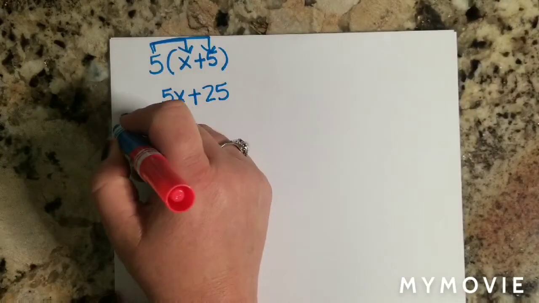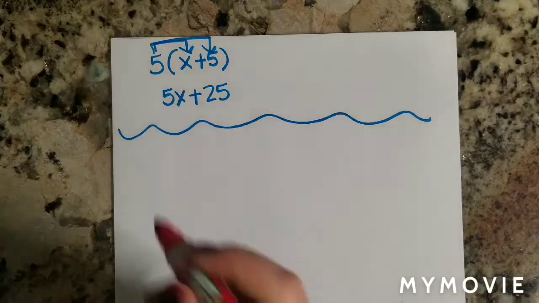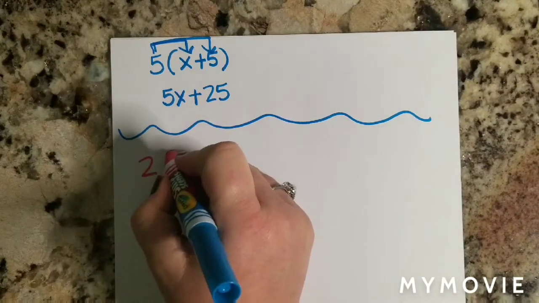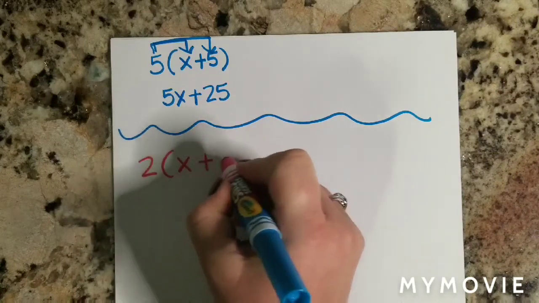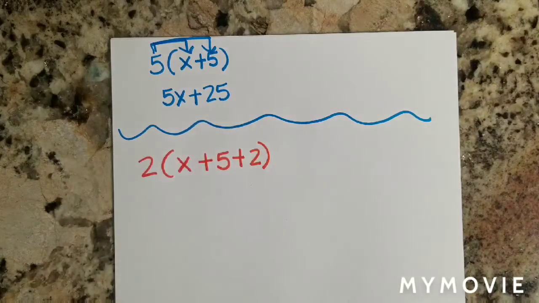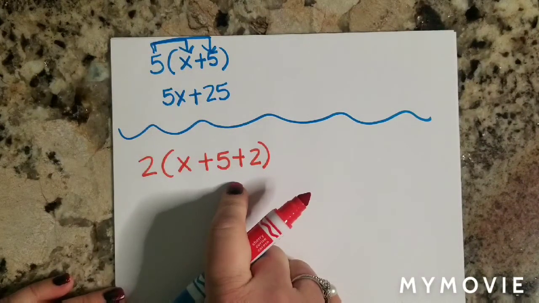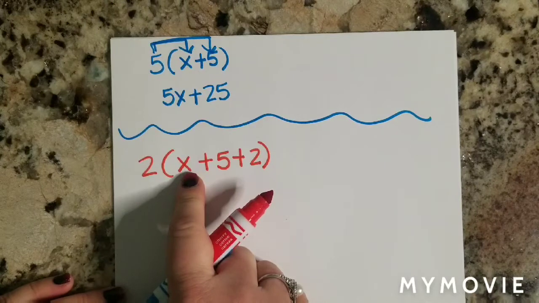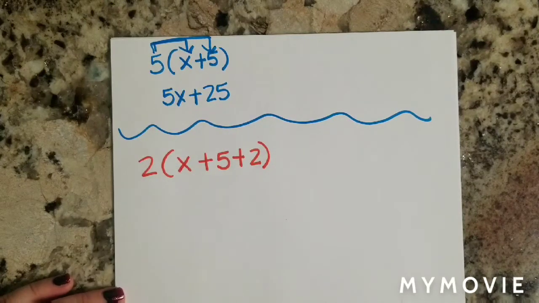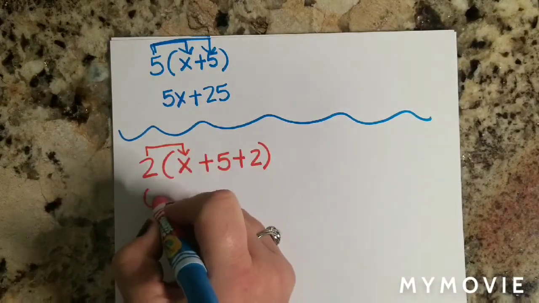Now, what if it gets longer and longer? What if this said 2 times x plus 5 plus 2? Could we simplify this? Sure we can. We could figure out what 5 plus 2 is, but we don't know what this x is. So we have to simplify by using the distributive property. So we would say 2 times x, which we could write like this.